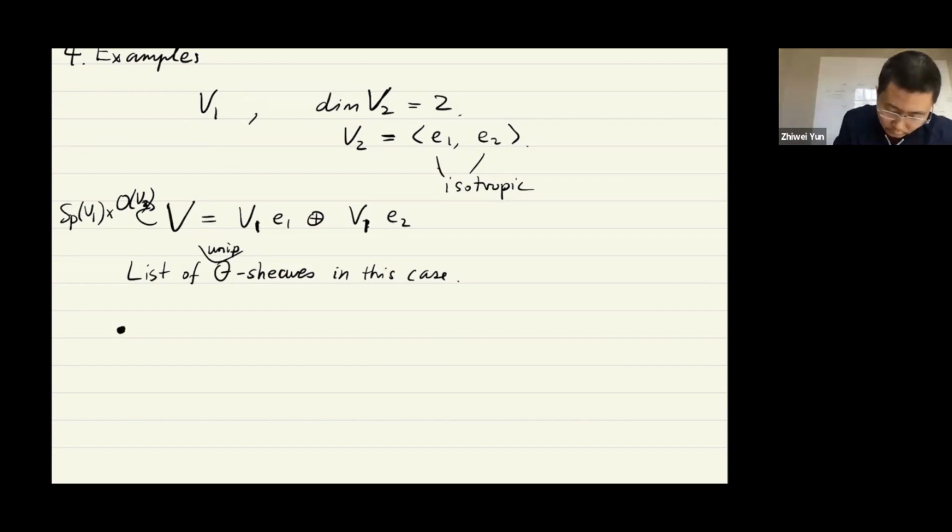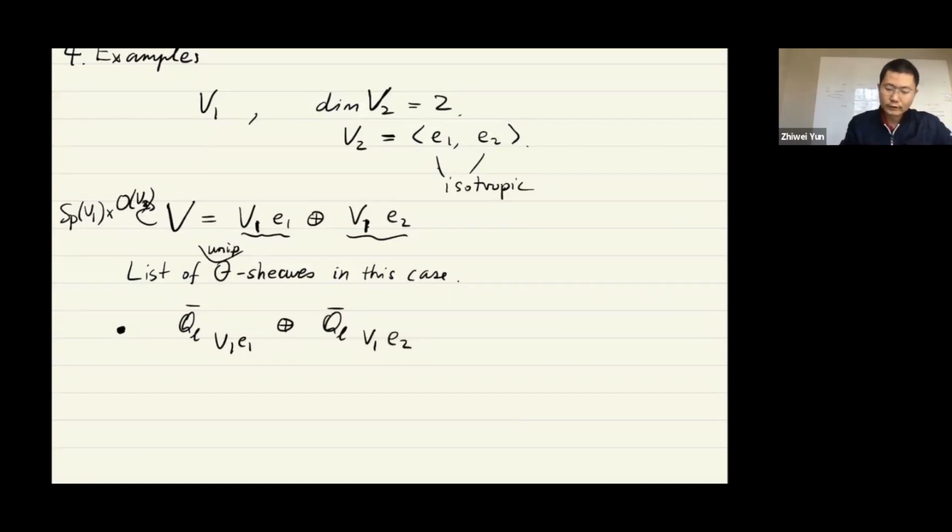So first, we can take the constant sheaf on these two pieces, and take their direct sum.